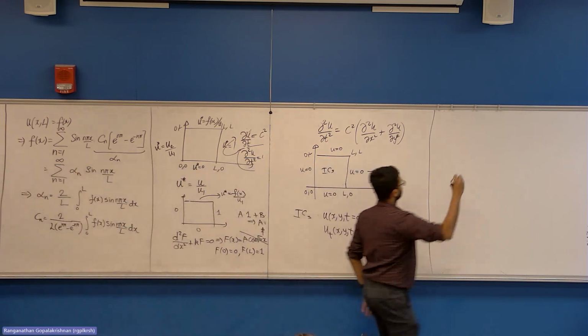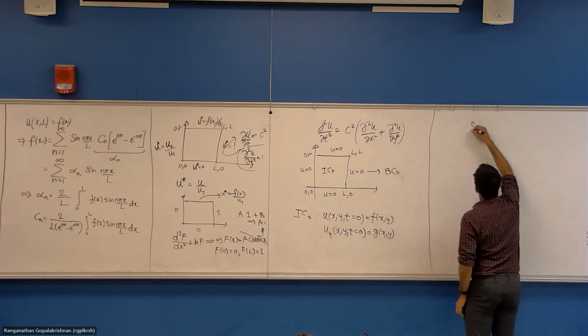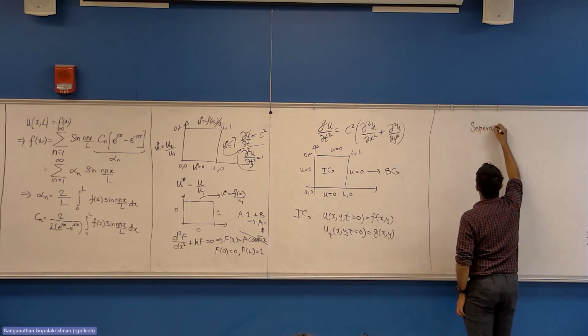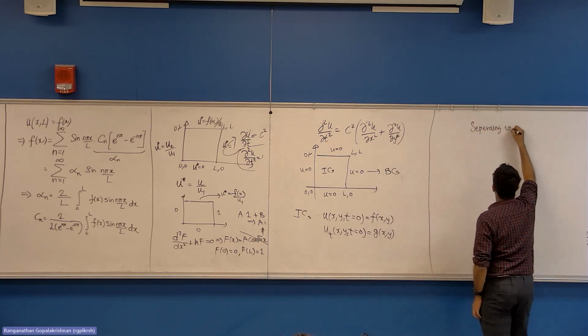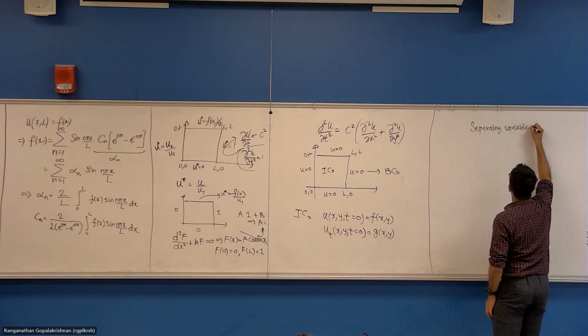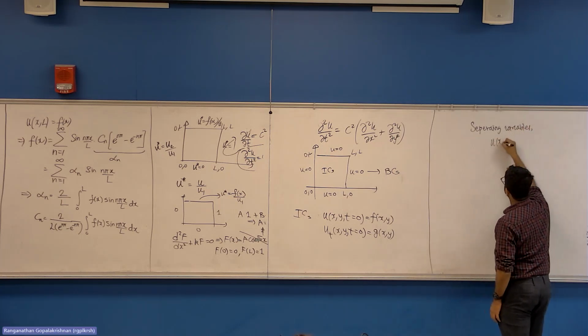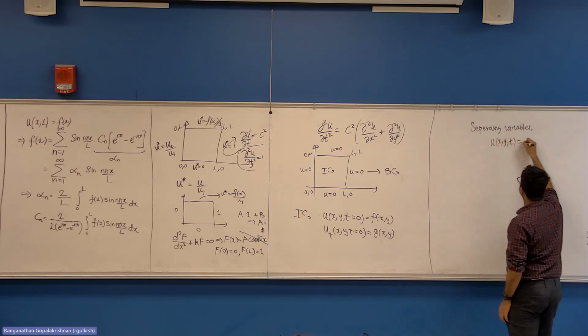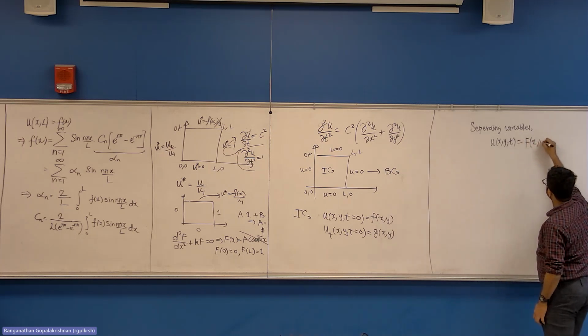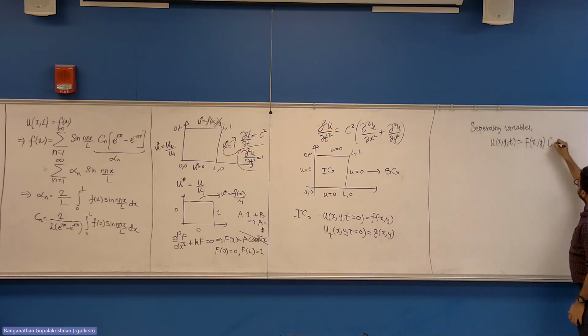We start by separating variables. We'll assume u of x, y, t is a product of two functions, F of x, y and G, which has all the time dependence built in.